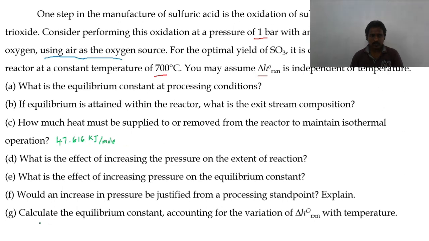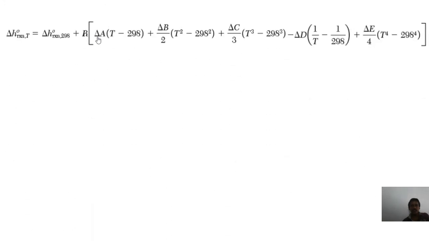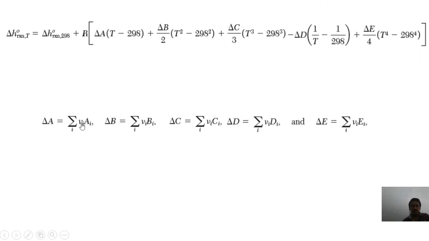Our final question: calculate the equilibrium constant accounting for the variation of delta H of reaction with the temperature. To calculate K when delta H of reaction depends on the temperature, we can use this formula. I have discussed this formula in my previous lectures, where del A is nothing but the summation of vi Ai.